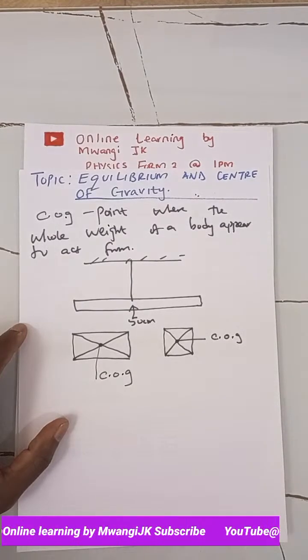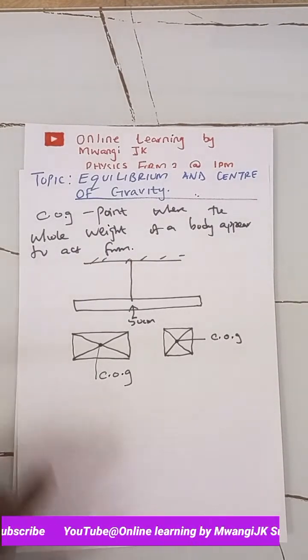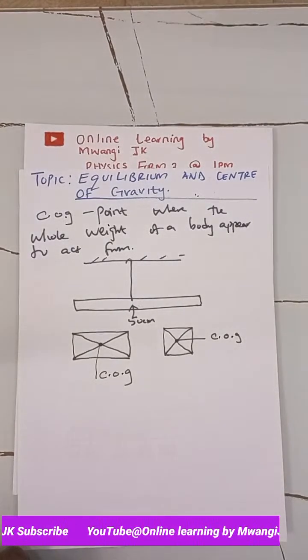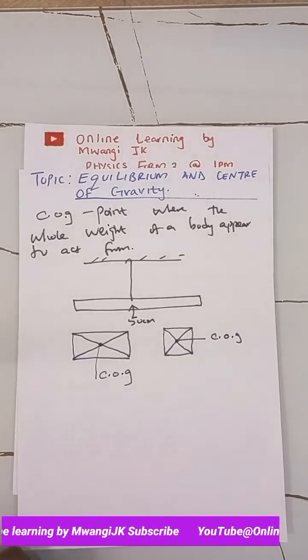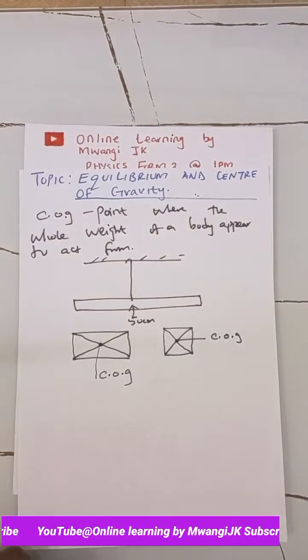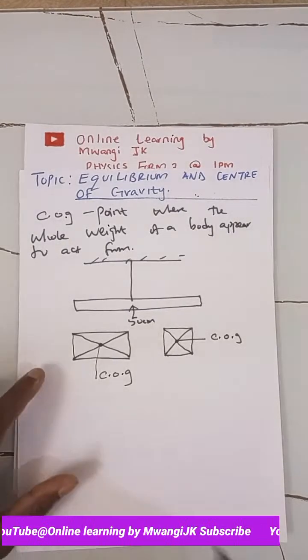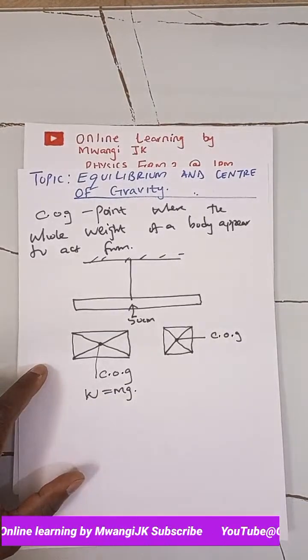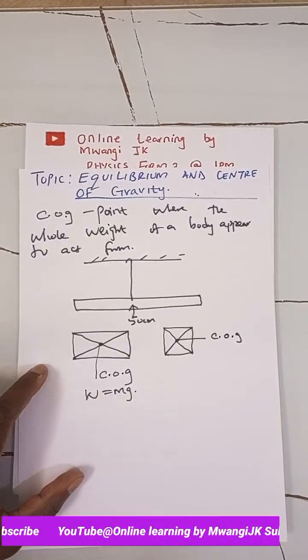If it is a circle, we join two diameters, again that's where we have it, and I'm sure we've looked at these in class under some different shapes, and where the position of their center of gravity appears to act. We also know that weight is given by mg. So the weight of an object acts at that particular point.